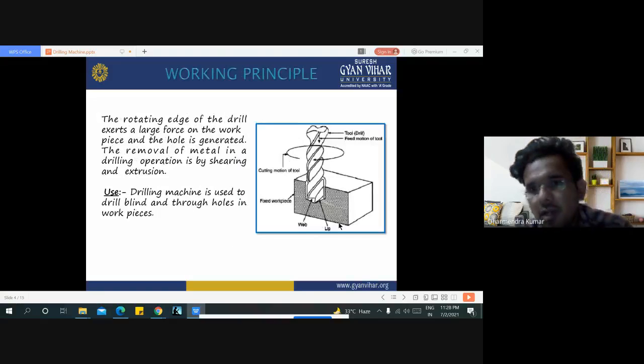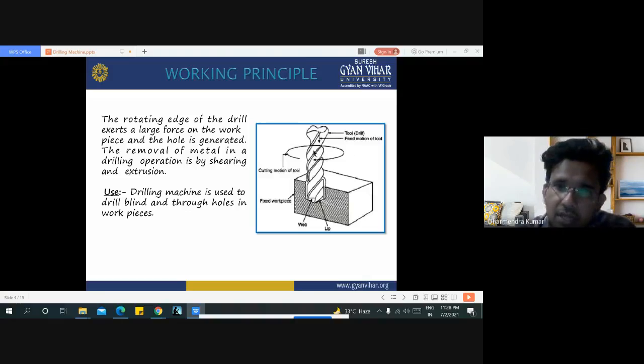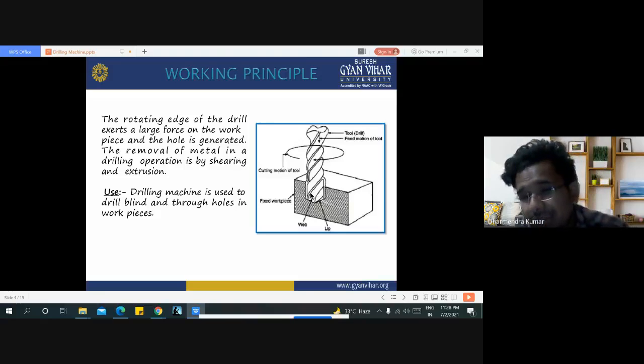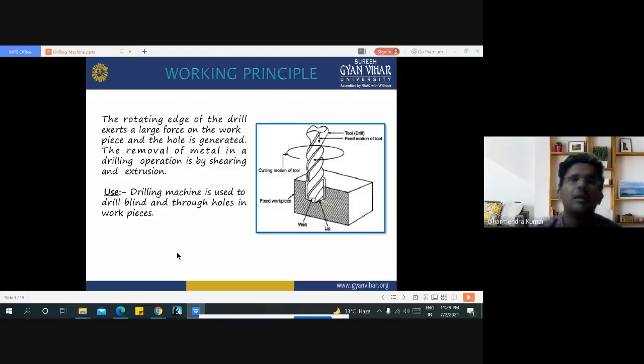Here is the picture of a drill bit or drill tool. It represents the cutting motion of the tool and the fixed workpiece, and here we can see in this picture how drilling is done with the help of a drilling machine.